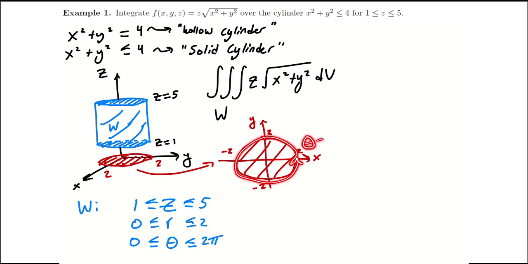We think about filling this in by starting with a small circle of radius 0, and then the circle bleeds outward, like an oil slick in water, until we get to radius 2. So these right here are in fact the bounds.